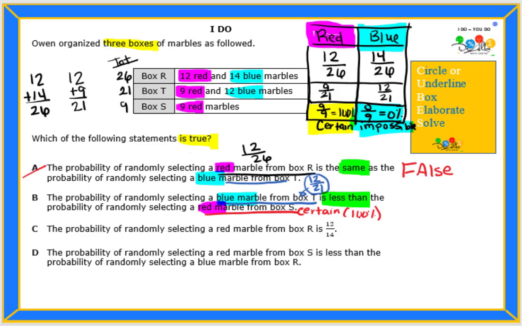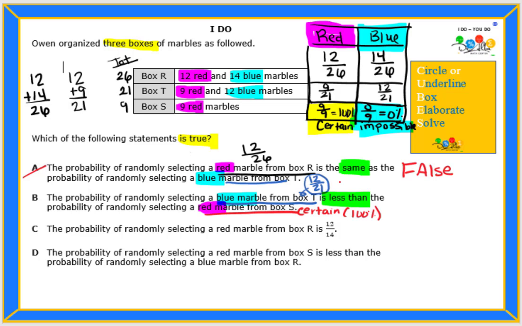So if I know that I am going to get a red marble in box S for sure, that is the highest probability that I can get of getting anything. Certain. Like there is no way I'm not going to get it. But of getting a blue marble from T, there is a chance that I might not get it because there are red marbles in there. So 12 out of 21 is a percent that's even less than 100%.